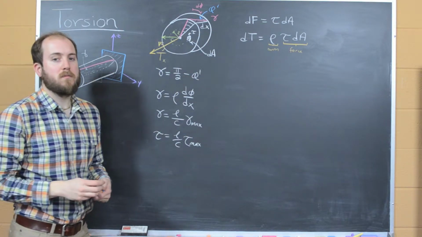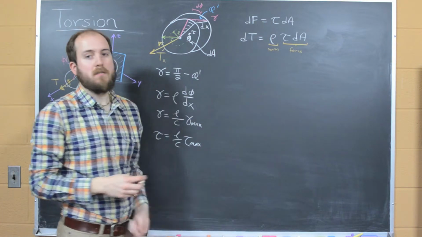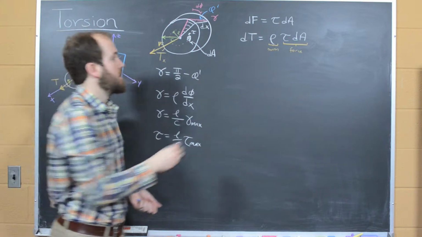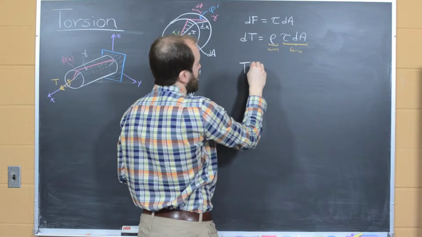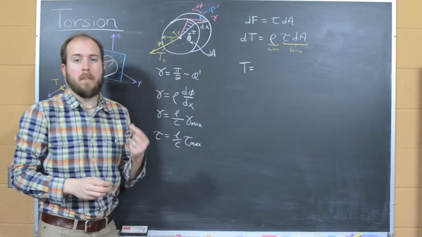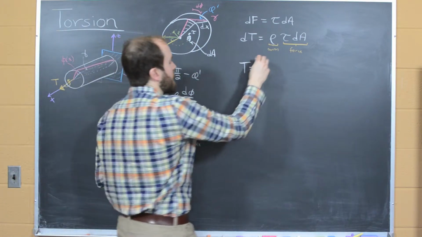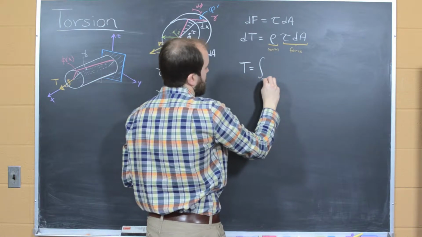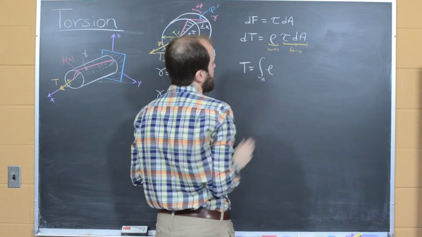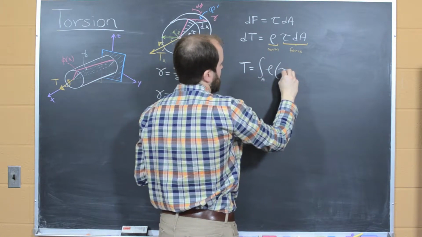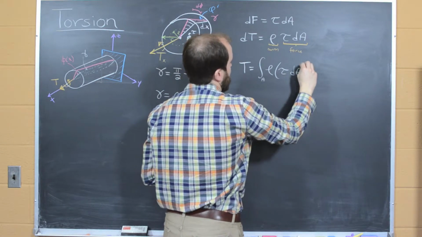And so now we have our differential elements here, and so we can simply integrate this and say that our torque is going to be equal to the integral over the area of rho times tau dA.